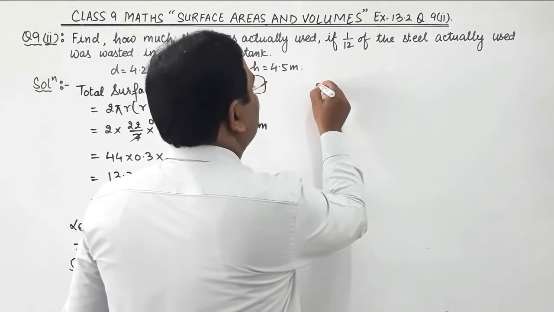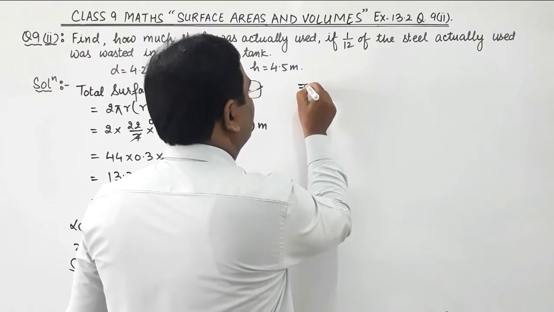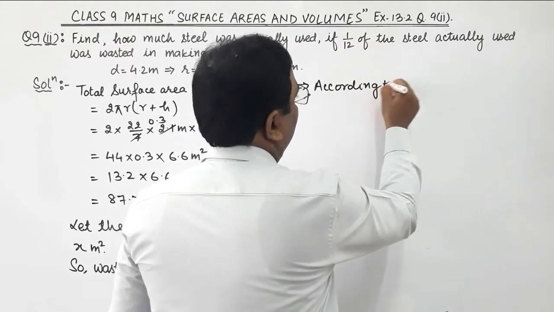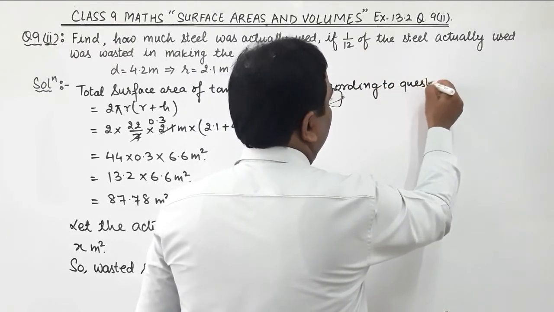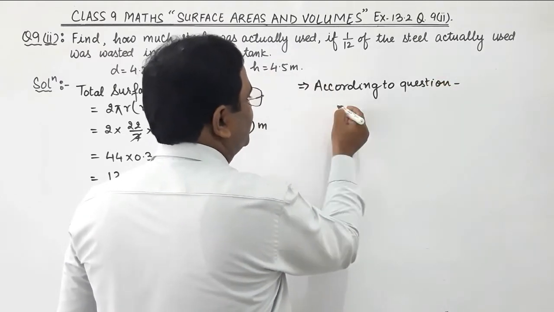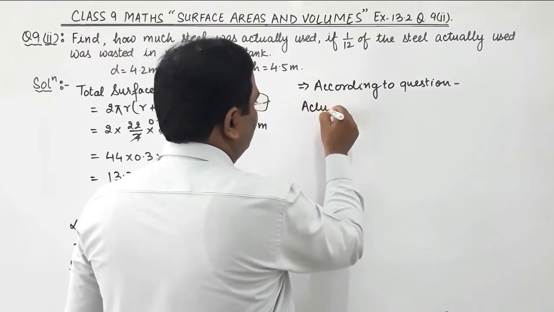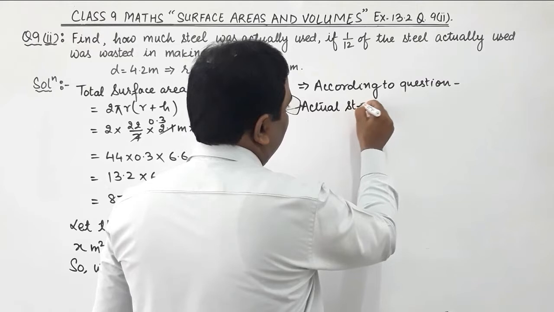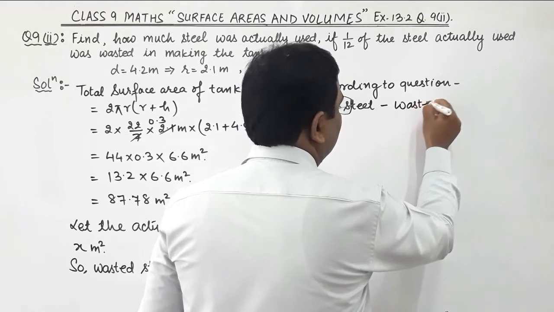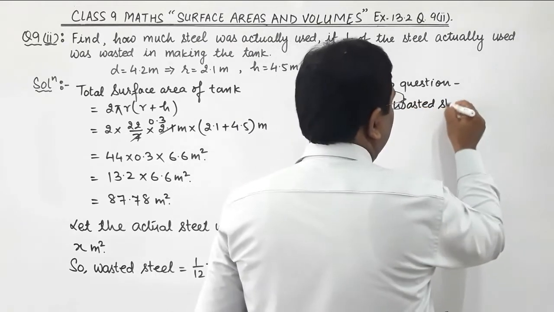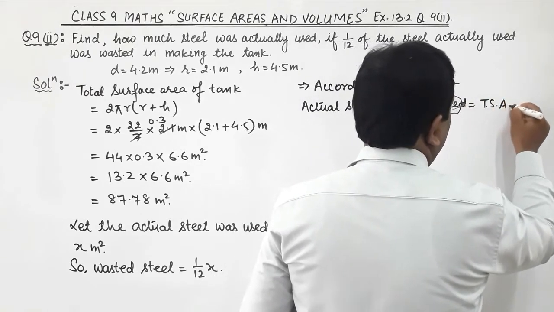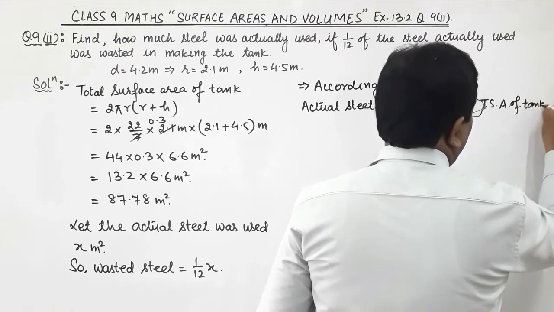So, according to the question, actual steel minus wastage steel equals the total surface area of the tank, right friends?